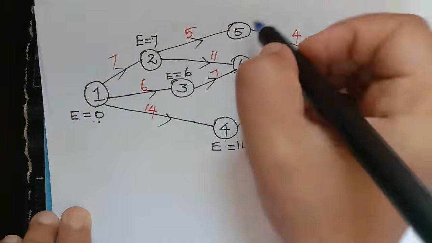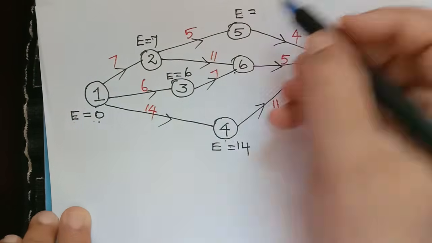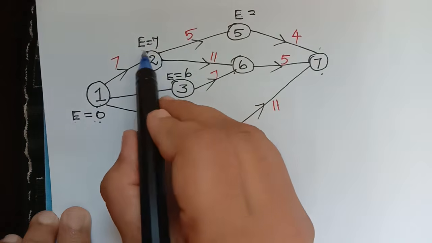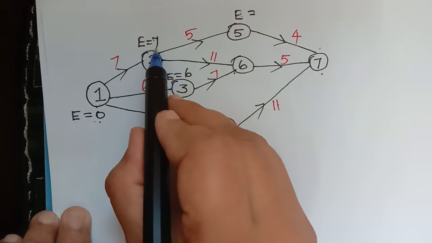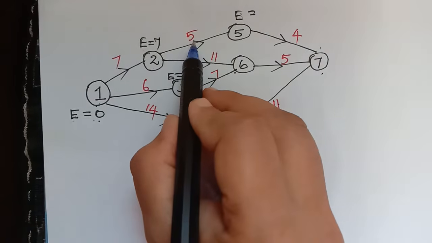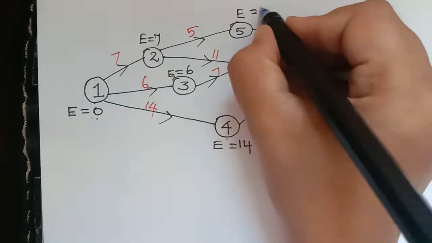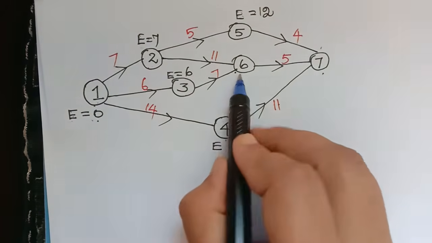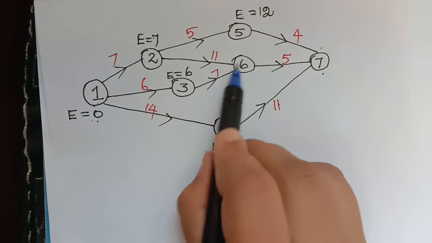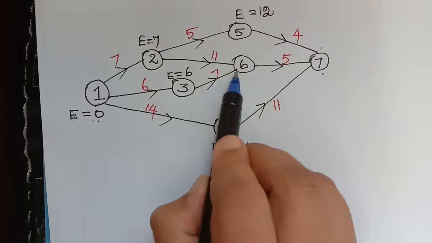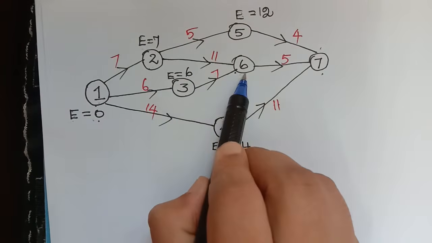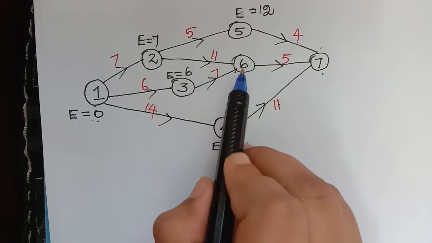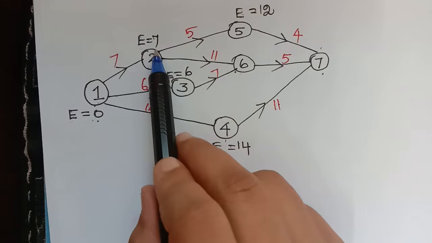Only one activity is getting in, so we take the previous value of E, that is 7. So 7 plus 5, and the value of E will be equal to 12. And then for the event 6, there are 2 activities getting into the event. So we have to choose the maximum now. The value of E over here is 7.